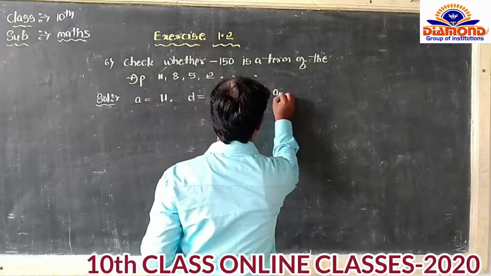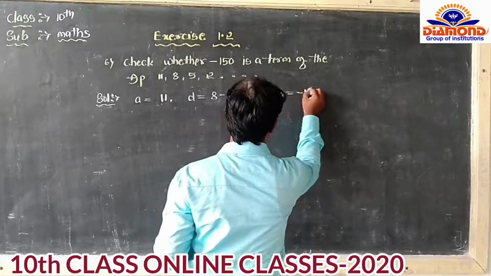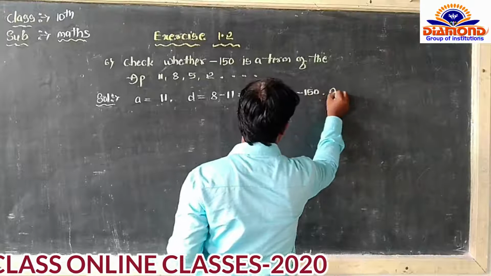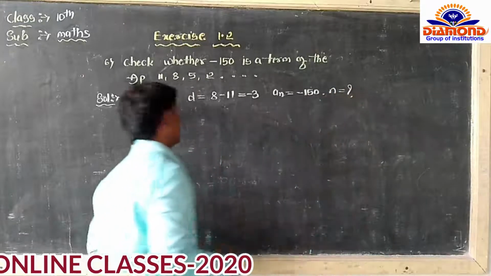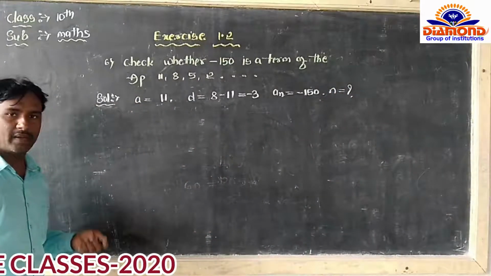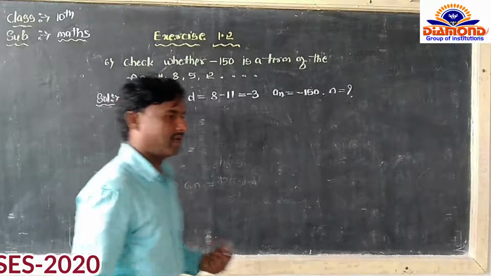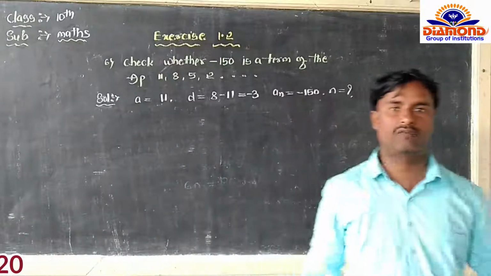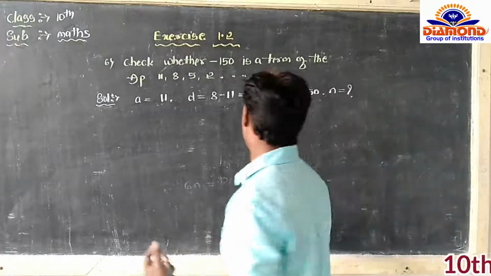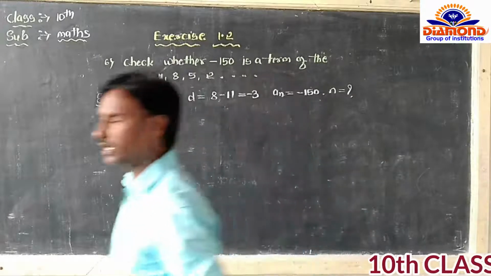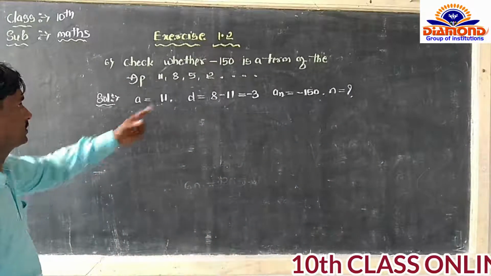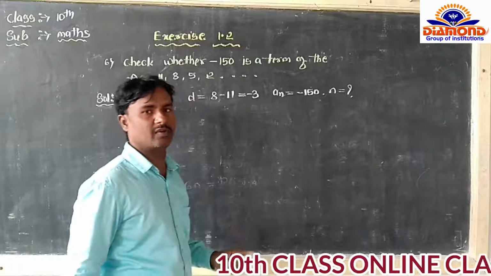And an is considered minus 150, and we are finding n. n is equal to question mark. If n comes as a whole number, an integer, then we understand that it is also one of the terms, a term of this sequence.